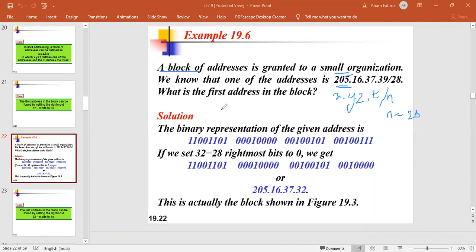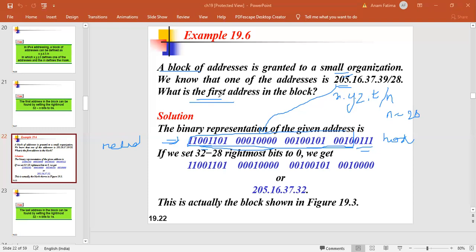We just solve the question here. If you have to find the first address in the block, how can we find it? If we convert this decimal notation into its binary equivalent, it will be this. And as I said, the starting 28 bits are going to represent your block or your net ID, and the remaining 4 bits are going to identify the host within this block.